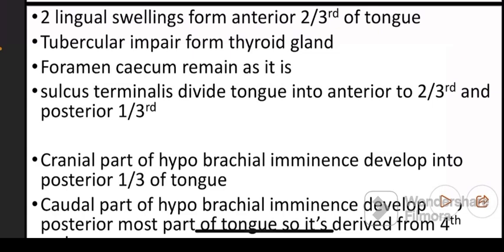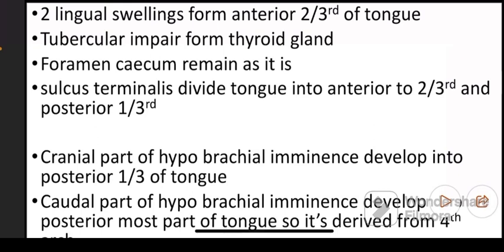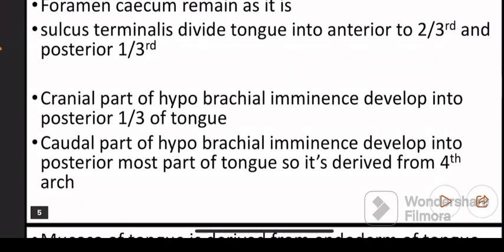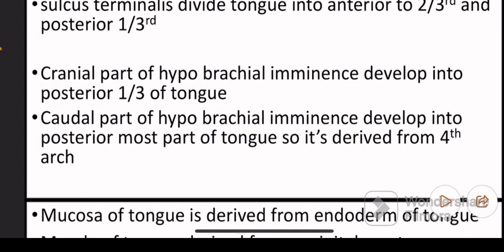In a tongue, there is sulcus terminalis which divides the tongue into anterior two-thirds and posterior one-third part, while the cranial part of hypobranchial eminence develops the posterior one-third of tongue, and the caudal part of hypobranchial eminence develops the posterior-most part of tongue, which lies in the fourth arch.